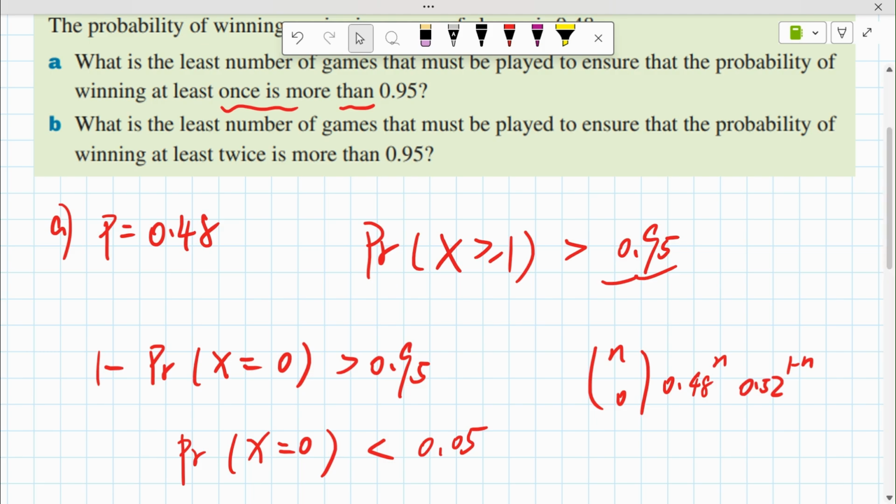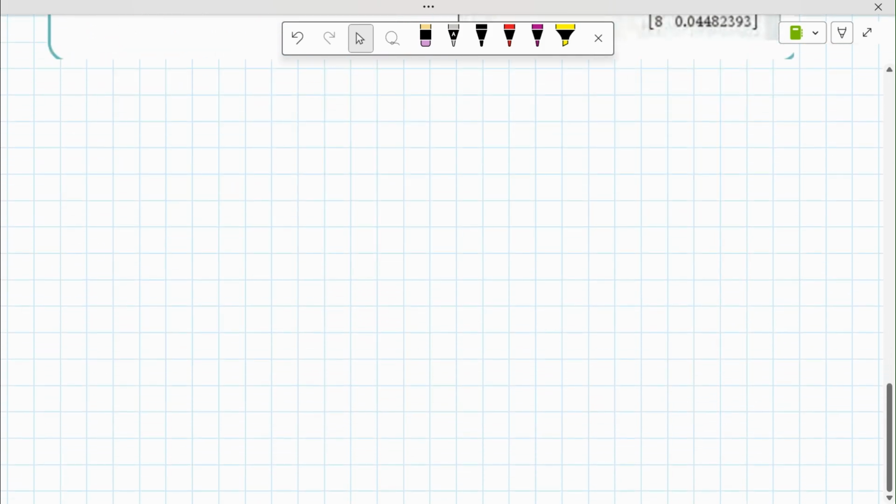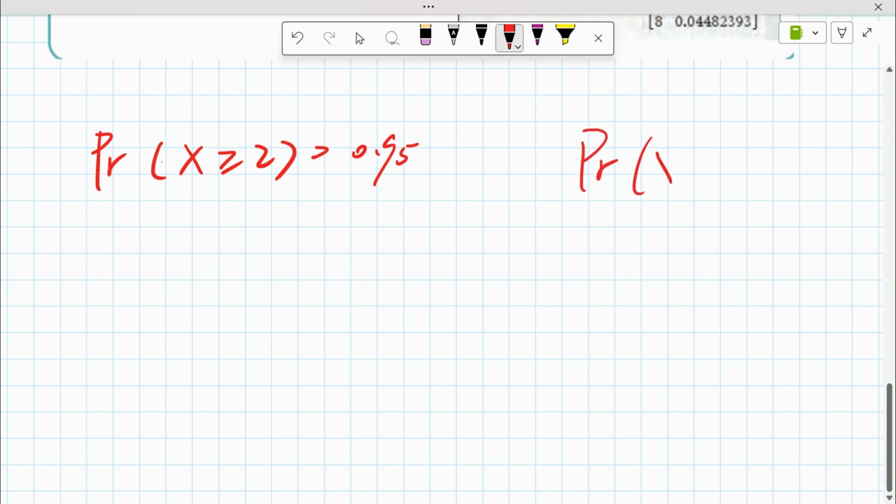Now, the probability of x greater than or equal to 2 is greater than 0.95, and that means the probability of x less than 2 is less than 0.05.